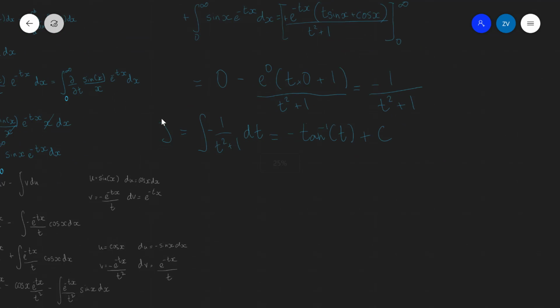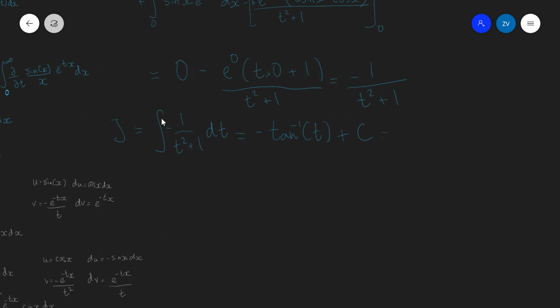So we can set this expression to the integral from 0 to infinity of sine of x over x e to the minus tx dx.